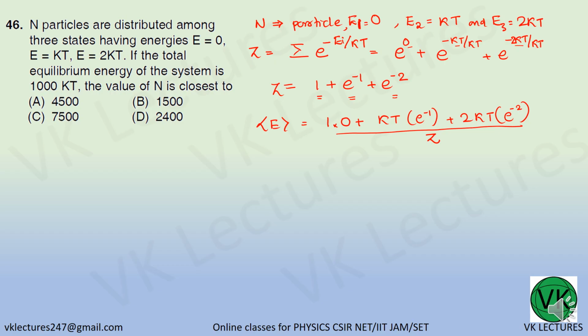Instead of this we can write kT e to the power minus 1 plus 2kT e to the power minus 2, divided by 1 plus e to the power minus 1 plus e to the power minus 2.